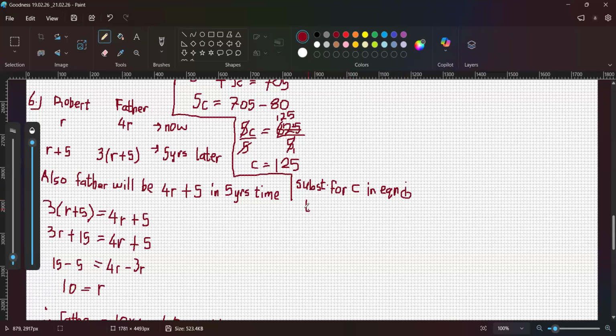Equation one says that C is equal to 40 plus the share price. That's going to be 40 plus 125, and that will give me 165. All right. So that's it.